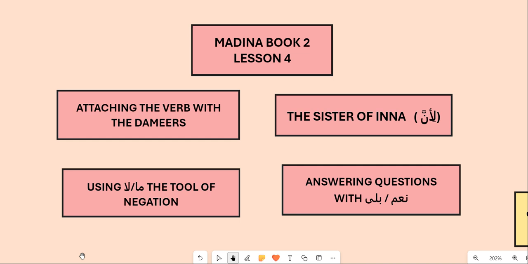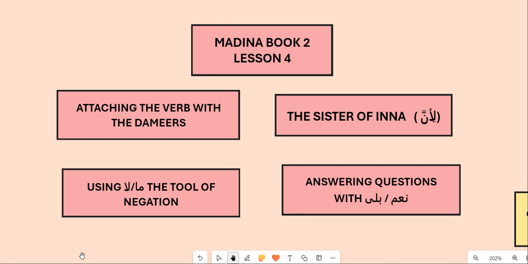So that's why some grammarians consider li anna as sister of inna, but some of the grammarians, they don't consider li anna as the sister of inna. But nevertheless, since it follows the rule of sister of inna, we will do as it is in the lesson. Means affecting the mubtada and making it into mansub case. So we will follow that only.